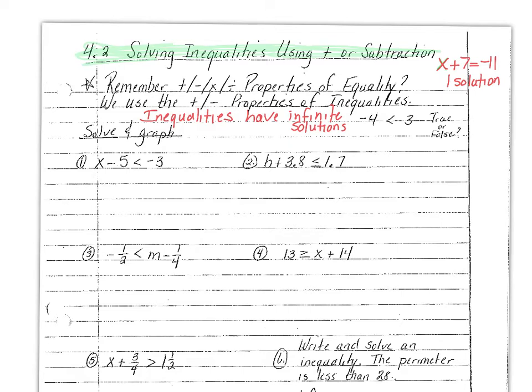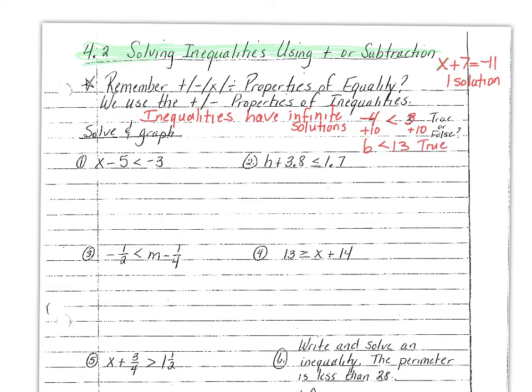So let me write this down. Negative 4 is less than 3. Is that true or false? Is negative 4 less than 3? Yes. If I add 10 to both of those, I get 6. Is that less than 13 still? That's still true.